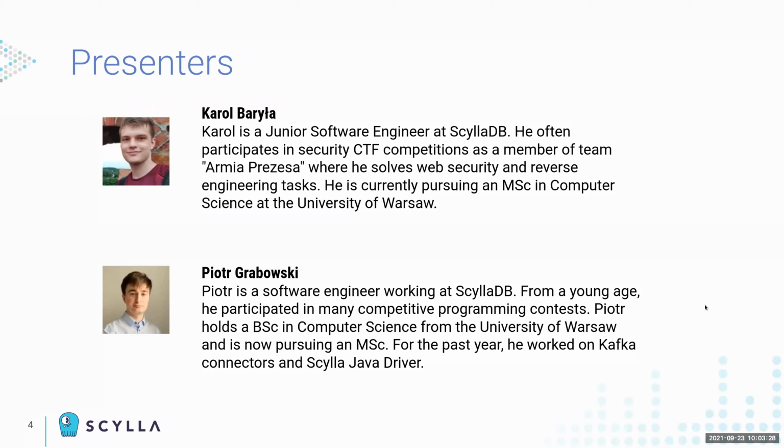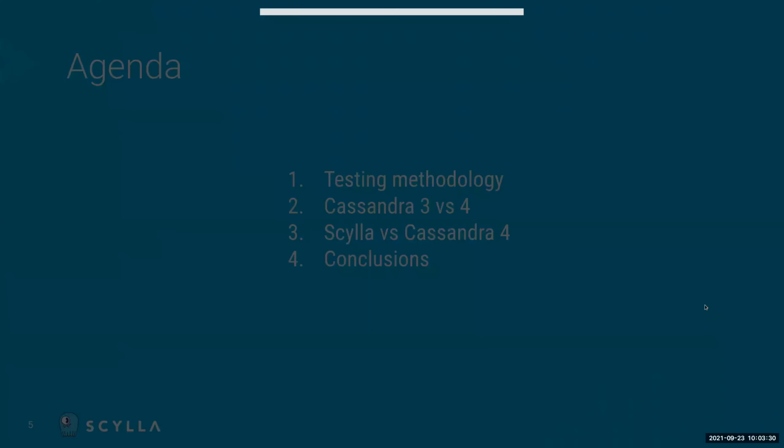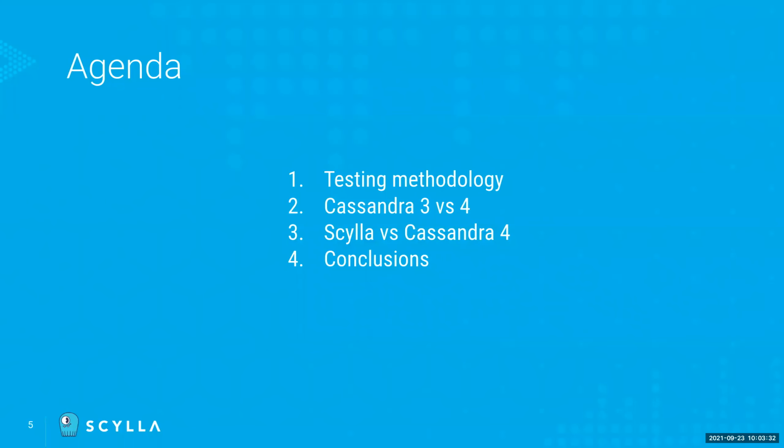Thank you, Karol. So let's get going. So today's agenda will be as follows. First of all, we'll cover our testing methodology. So how we started benchmarking Cassandra 3, Cassandra 4, and Scylla, what type of tests we chose, what types of instances we used, how we configured both databases. Next, we'll get into a comparison between Cassandra 3 and Cassandra 4.